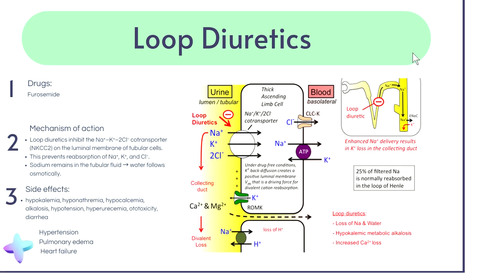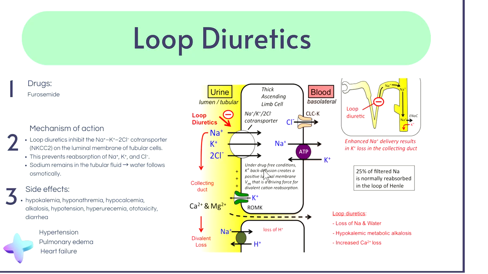Now, our next group of medications are the loop diuretics. Our drug of interest today is the furosemide. Furosemide is acting, as we said, on the ascending limb of the loop of Henle. And here we have one co-transporter of sodium, potassium, and chloride.